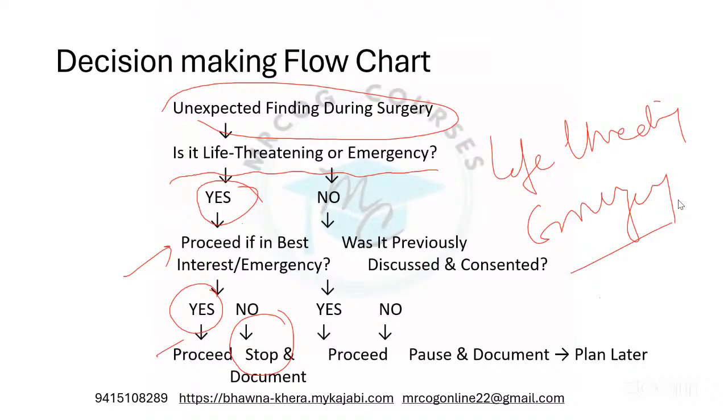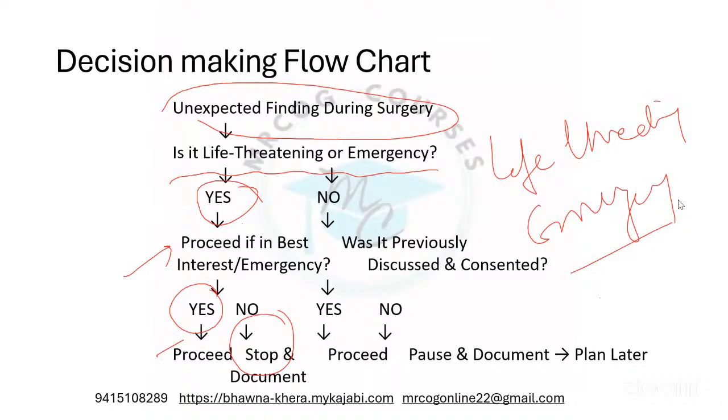We may need to do something urgently, but that is not absolutely life threatening. Urgent means you have to do it now, maybe in the next 1 or 2 hours, but life threatening is if you do not do it, you may lose the patient. So it is very important to understand the difference between these two words.